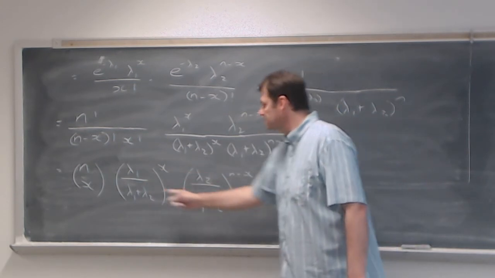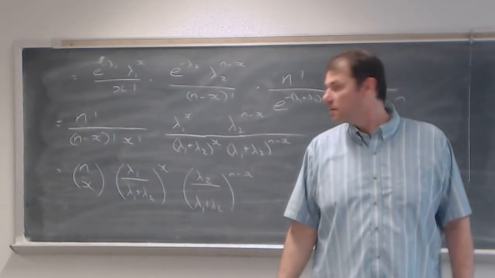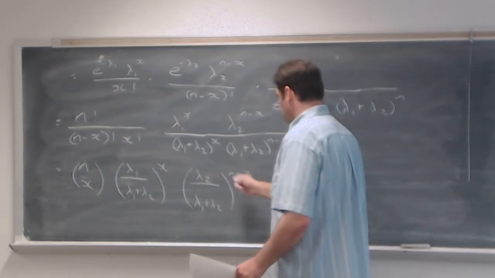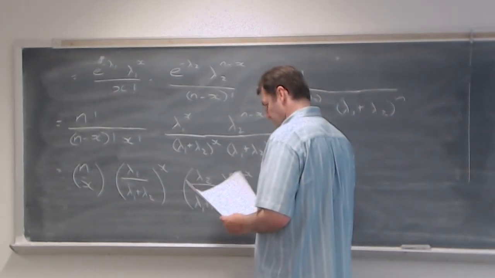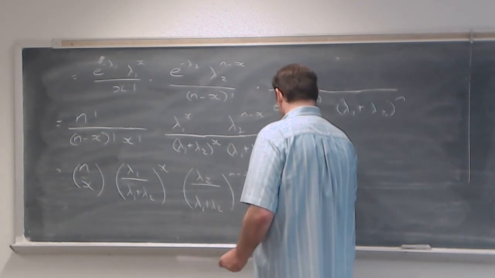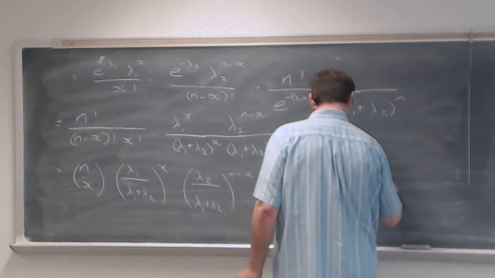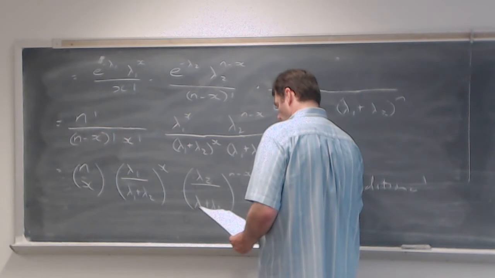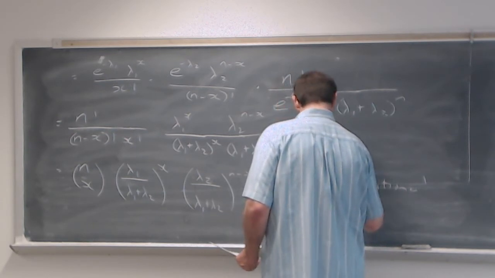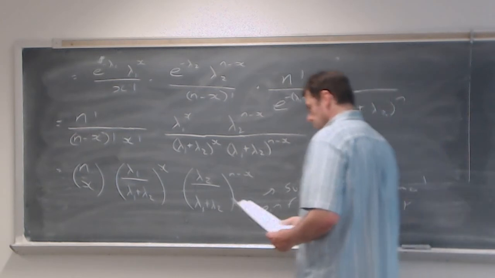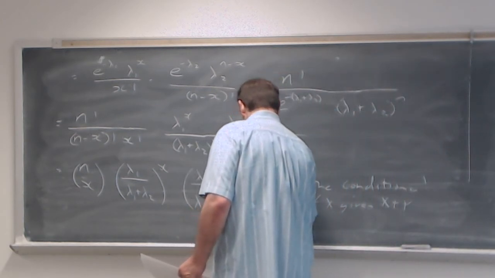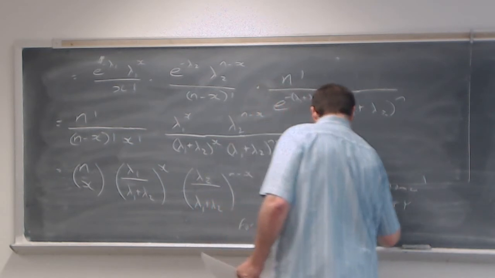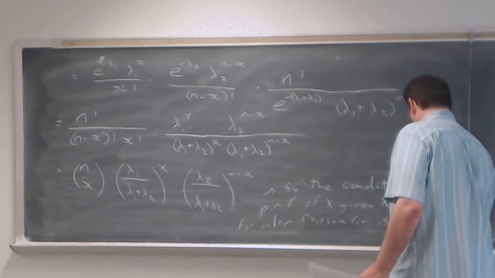So what this says is this looks like the PMF of a binomial random variable. So that's what I'm going to write. The conditional PMF of x given x plus y for independent Poisson random variables is a binomial random variable.